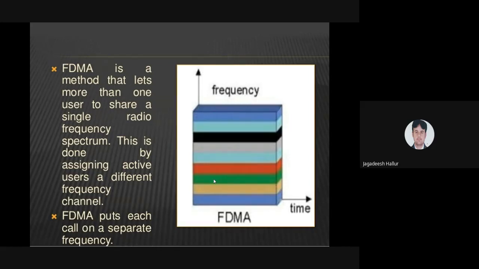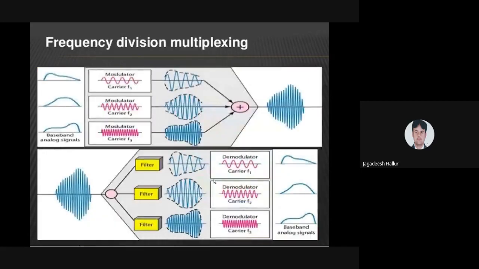But in frequency division multiple access, a specific channel and a specific frequency band has to be allocated for an individual user. Whenever a call is made, a separate frequency has to be allocated. FDMA puts each call on a separate frequency. So this is frequency division multiple access.